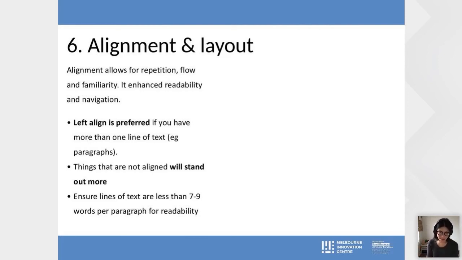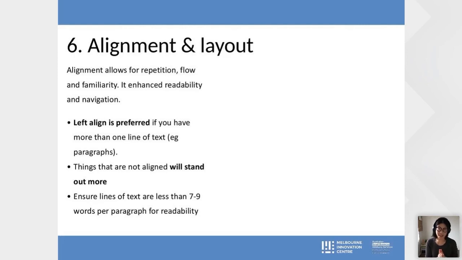And we typically want to ensure that text is less than 7 to 9 words per paragraph for readability. If it's a little bit longer, it's okay, but you just don't want people to read from one side of your website to the other side before they have to get back to the same line, because that's really difficult for your eye to follow.